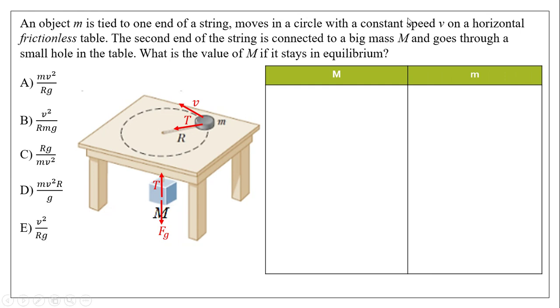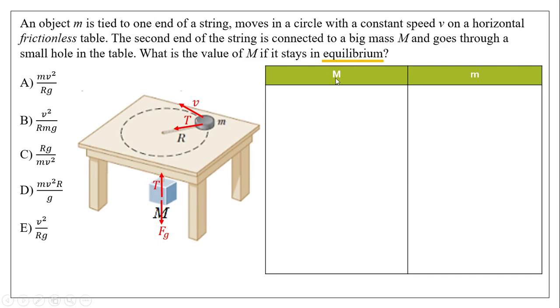All right, let's go ahead and set up the physics for big M and little m. Here, I want to set up for big M first because the question asks you to derive a value of M, capital M, in terms of all this stuff on the left side in your answer choices. You'll notice I underlined the word equilibrium here because this is important.